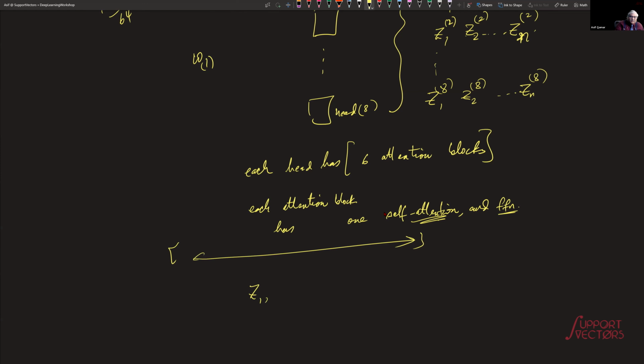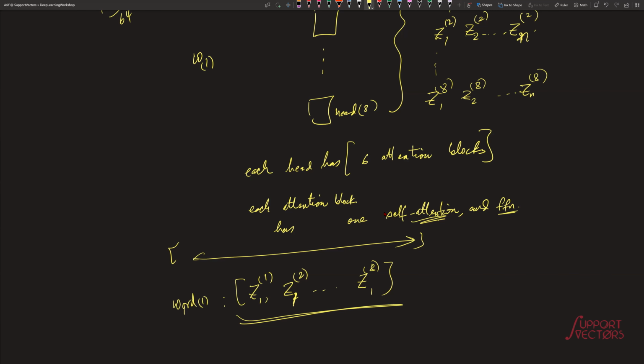So what you do is you concatenate this from each of the heads. So suppose you're looking at word one, you would do word one from the first head, word one from the second head, all the way to the 8th head, word 1. You concatenate this to produce a giant vector, right?